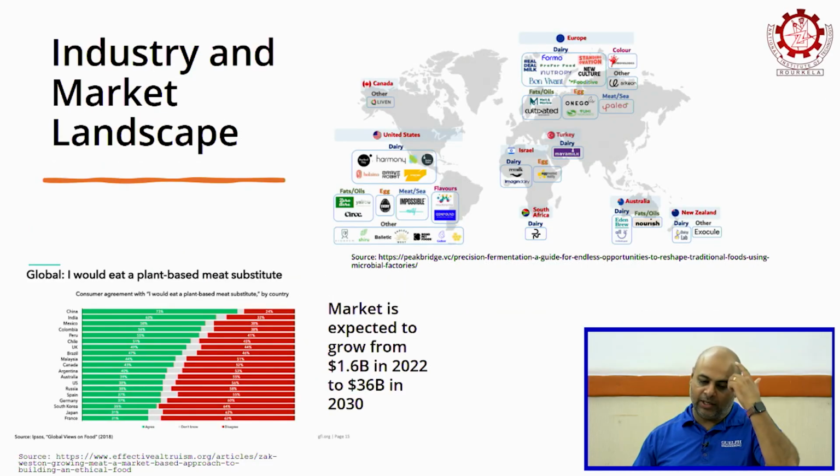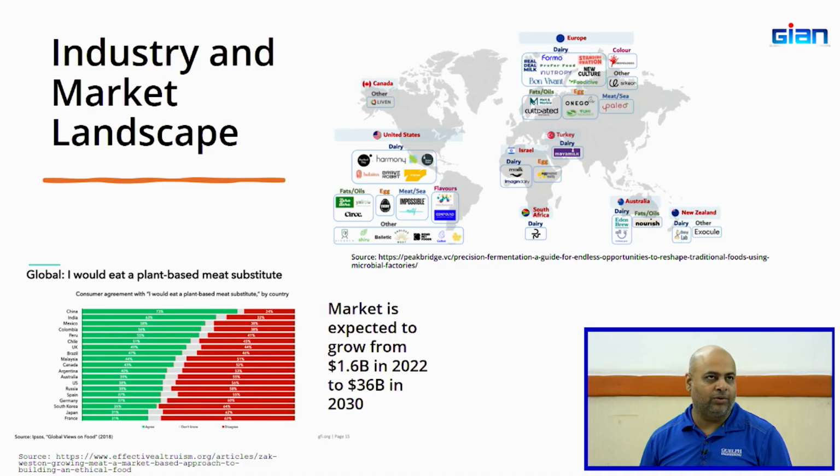Now, the industry and market landscape. You have already seen one of the slides where the alternative meat or plant-based meat substitute market is increasing. And there are also a lot of companies that have come into the picture with respect to precision fermentation. The market is expected to grow from 1.6 billion in 2022 to almost 36 billion in 2030.